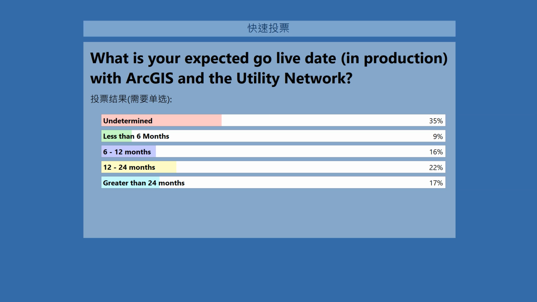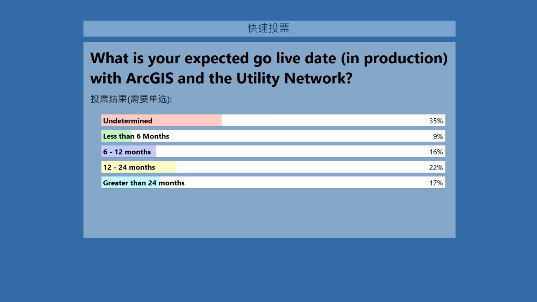Very interesting. All right, so the majority of you are at the undetermined stage. And that is closely followed by the 12 to 24, and also the greater than 24 months.